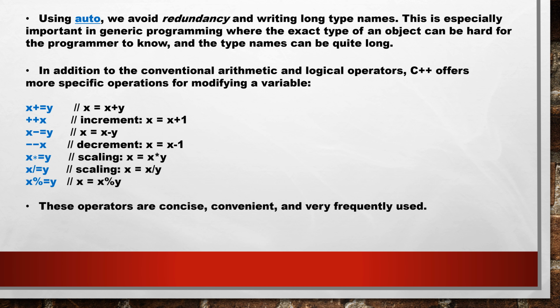In addition to the conventional arithmetic and logical operators, C++ offers more specific operations for modifying a variable. x += y, x = x + y. ++x, increment, x = x + 1. x -= y, x = x - y. --x, decrement, x = x - 1. x *= y, scaling, x = x * y. x /= y, scaling, x = x / y. x %= y, x = x % y.